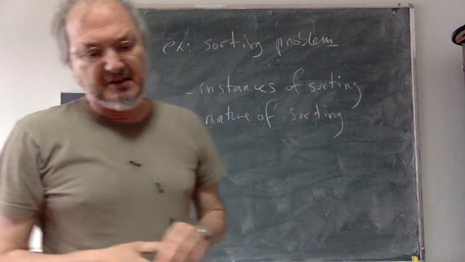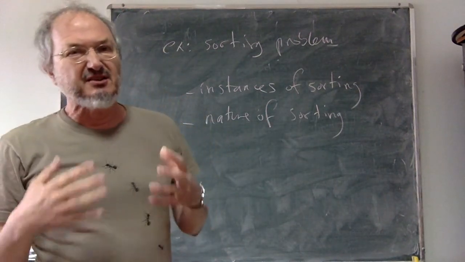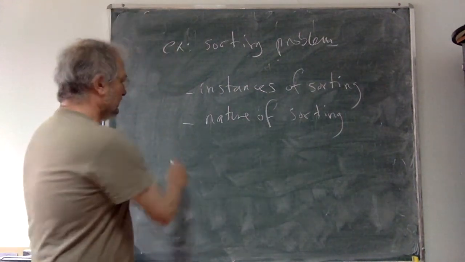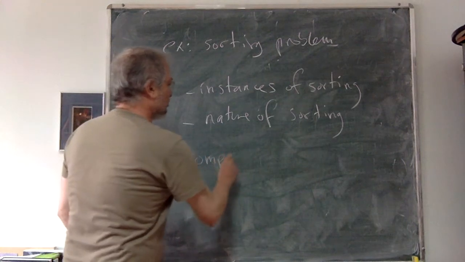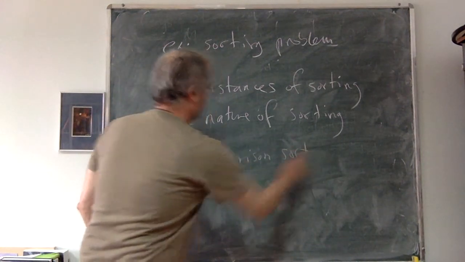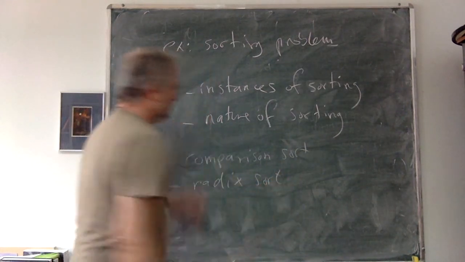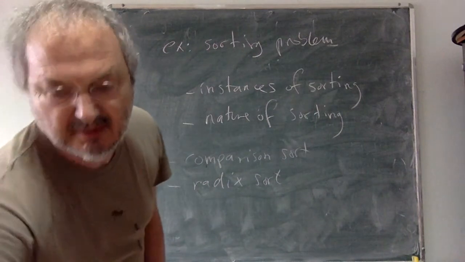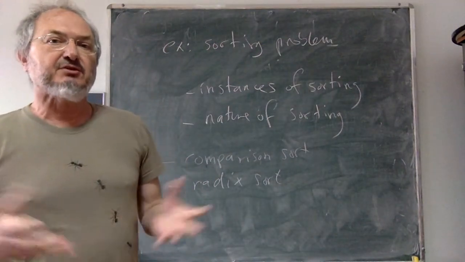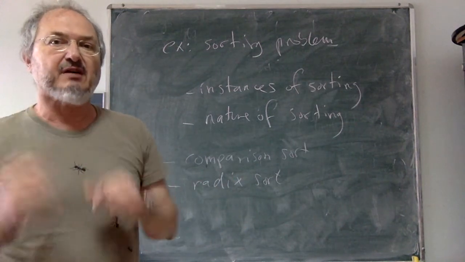And I think it's been achieved in computer science to the extent that once we truly understand the nature of sorting, then we realize that there's a difference between comparison sort and what's called radix sort. Comparison sort, as you can imagine, basically says you sort these things by measuring, by comparing values.